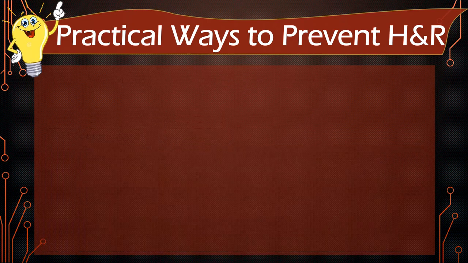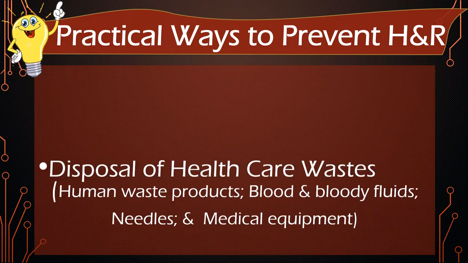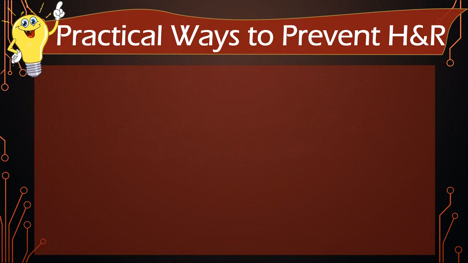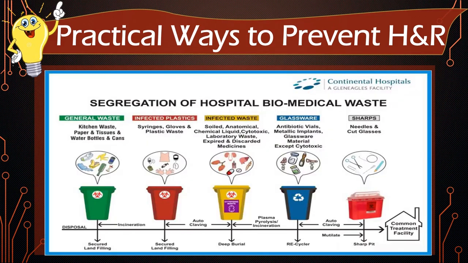Another practical way to prevent hazard and risks is through proper disposal of health care waste. Human waste products. Examples: blood and bloody fluids. These must be removed right away and flushed down the toilet.